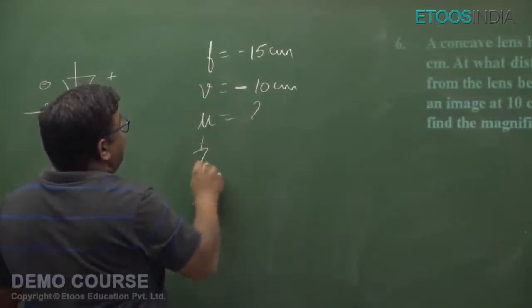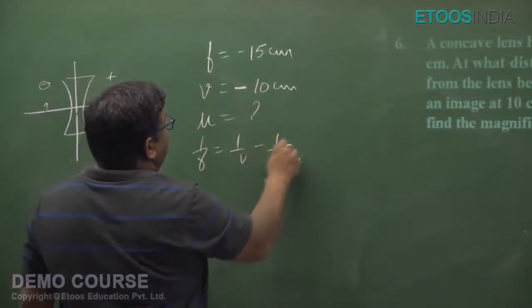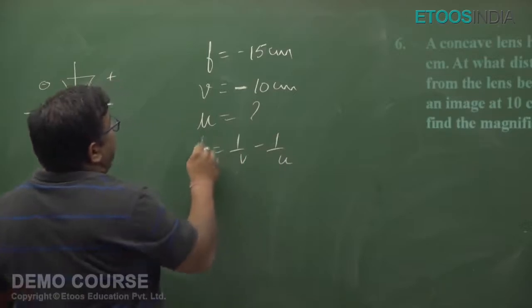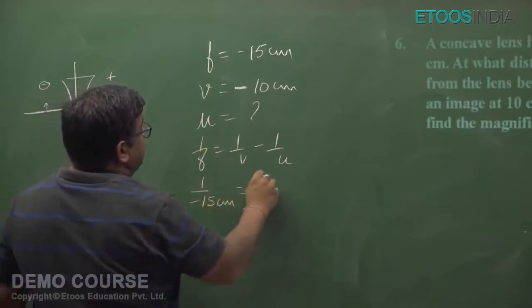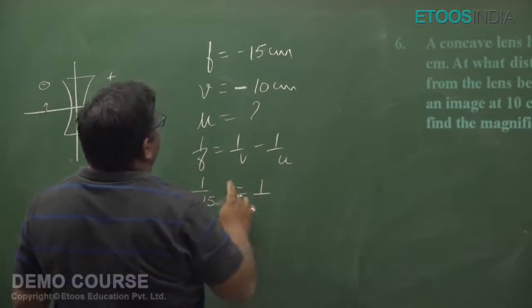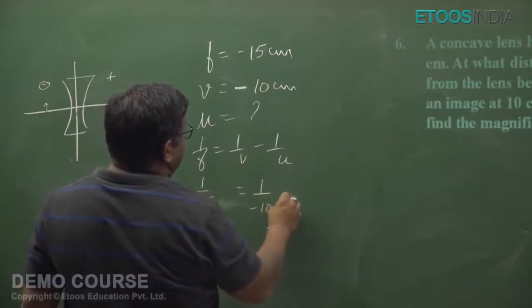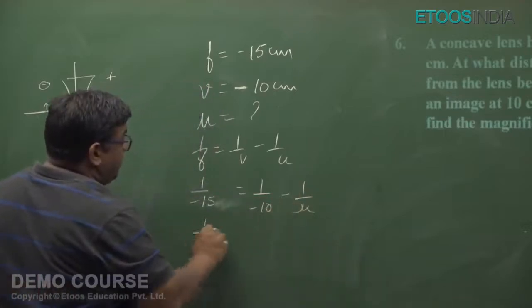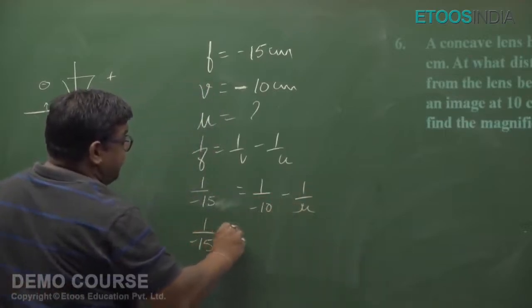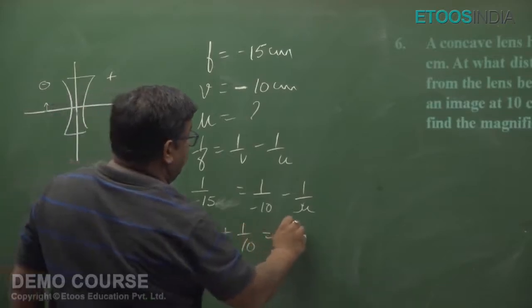So, by putting the formula 1 upon f is equal to 1 upon v minus 1 upon u, I find that 1 upon minus 15 centimeter is equal to, what is v? Minus 10 minus u. Got it? So, 1 upon minus 15 plus 1 by 10 is equal to minus 1 by u.